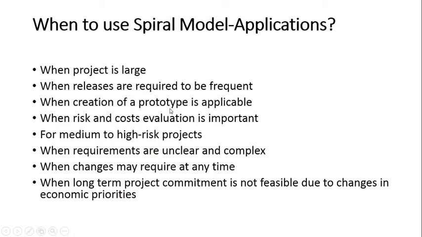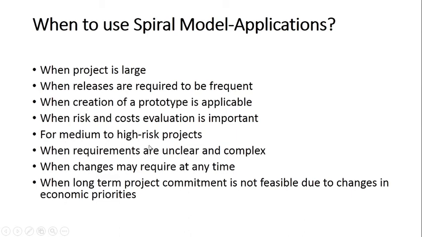Then when creation of a prototype is applicable, here we make a prototype. Ultimately, since all the models are a part of this spiral model, the conditions of all will be applicable here. Now the major one is when risk and cost evaluation is important, because this is the only model which goes for risk handling or risk management.